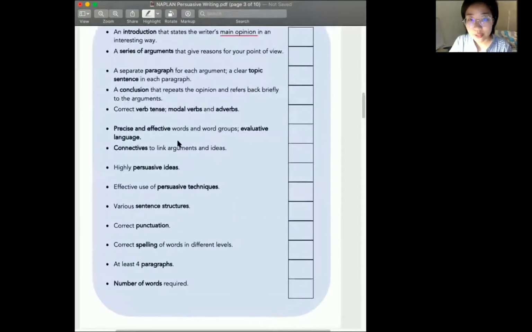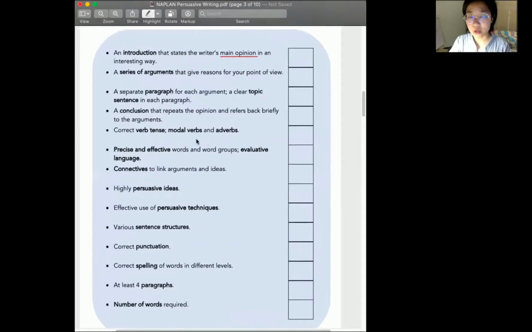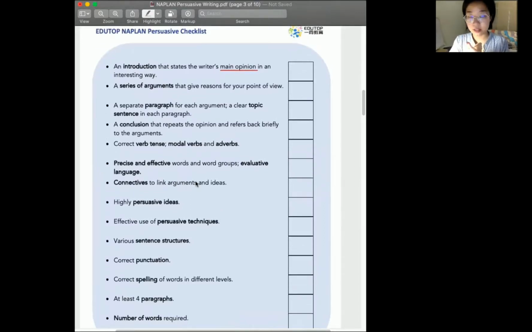The next one is modal verbs. You might ask, what are modal verbs? Modal verbs are words such as must, can, may, might, should, shall, something like that.